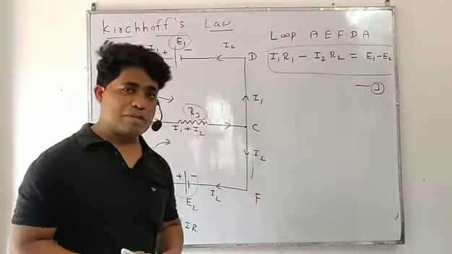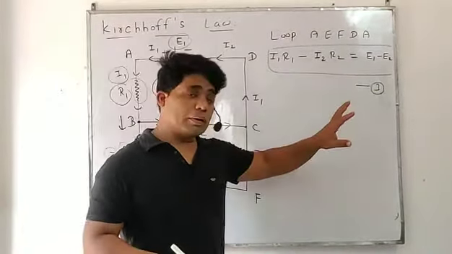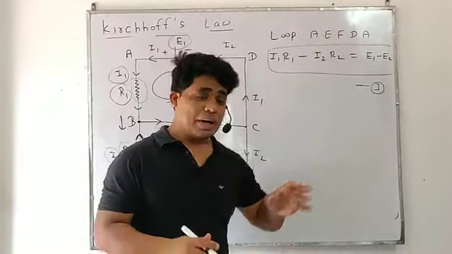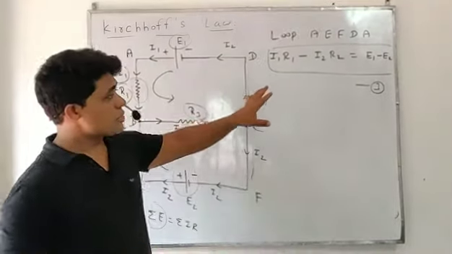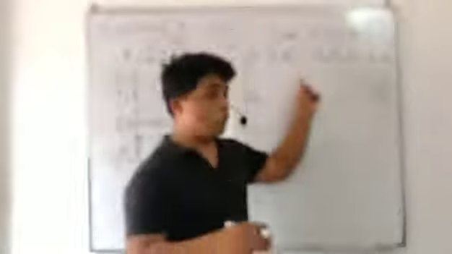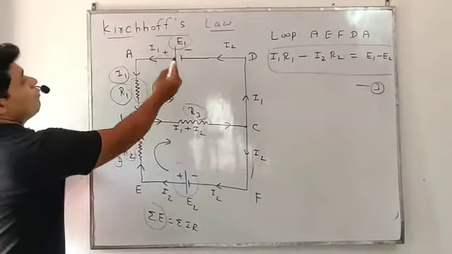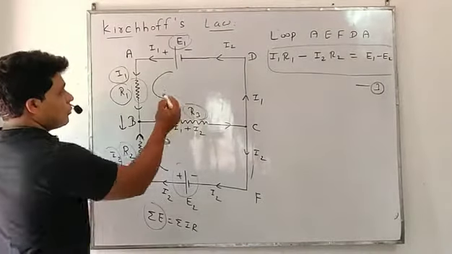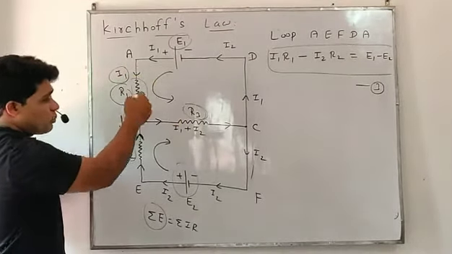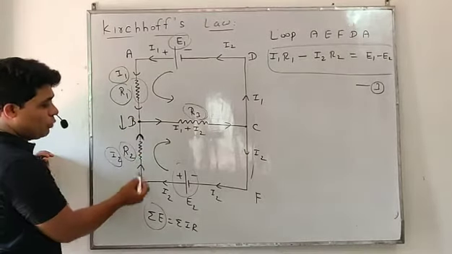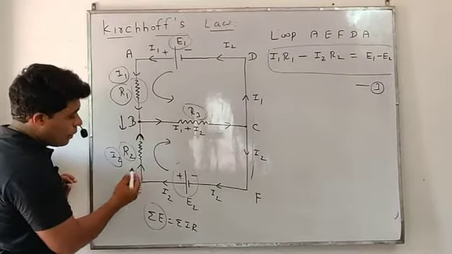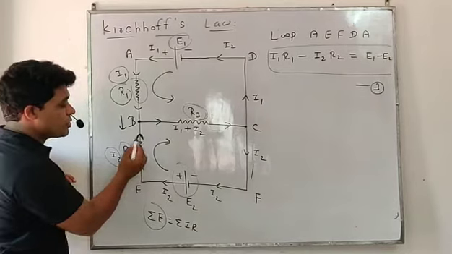Before that we made two equations. Now we can make the third equation by this. I explain this equation for the explanation of the important rule, this minus sign. Actually, when we complete the circuit, suppose we are moving here downwards from B to E, and this current is coming upwards.